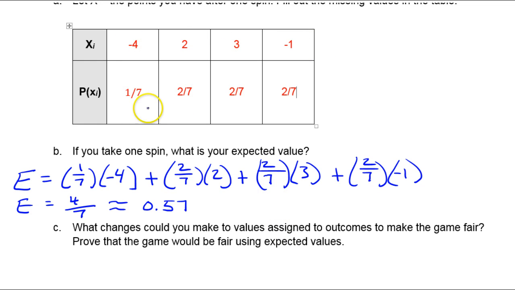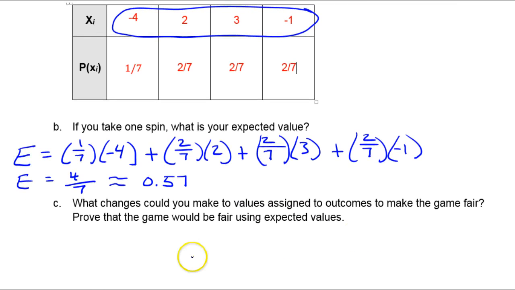We really can't change the probabilities. We're sort of stuck with the spinner that we've got. But we can change these numbers. So let's play around with these numbers and figure out how we can make them give us an expected value of 0. Because that would make it a fair game.